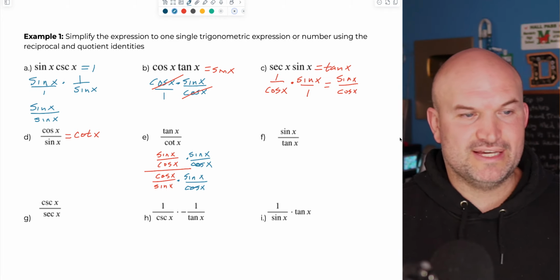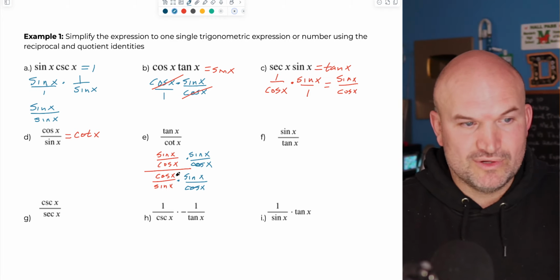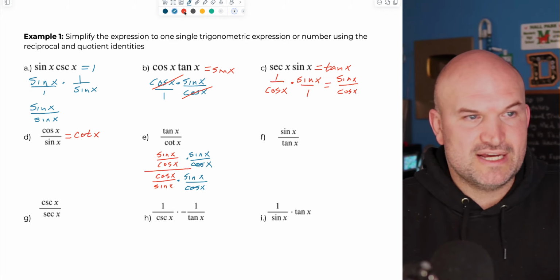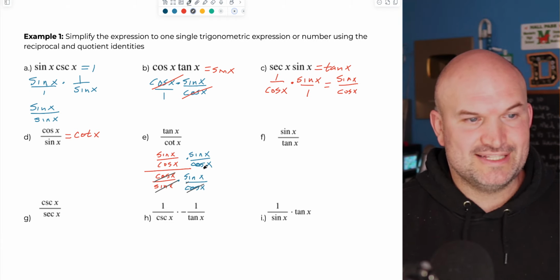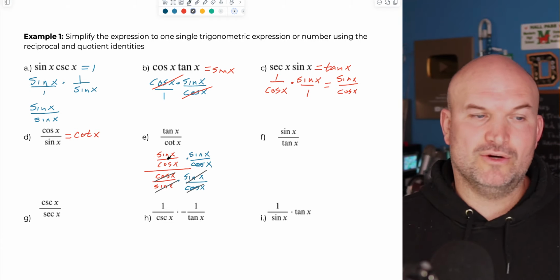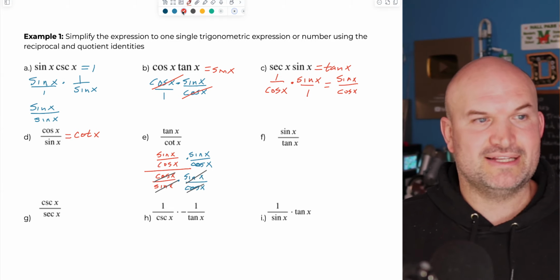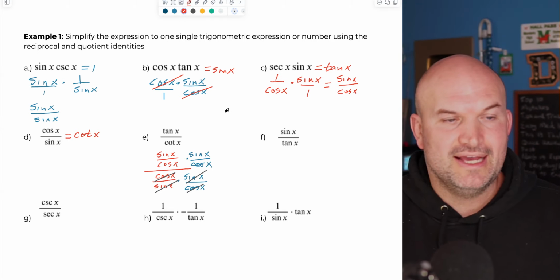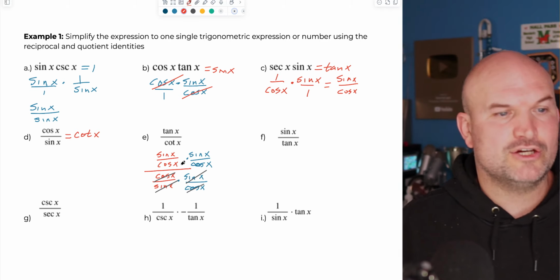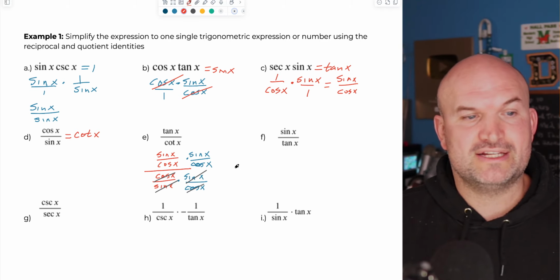Now, when we go ahead and do this, obviously you can see that the cosines are going to divide out. The sines are going to divide out. And then here we have sine of x times sine of x. Remember, sine of x times sine of x is going to be a sine squared of x, and cosine times cosine is going to be a cosine squared.